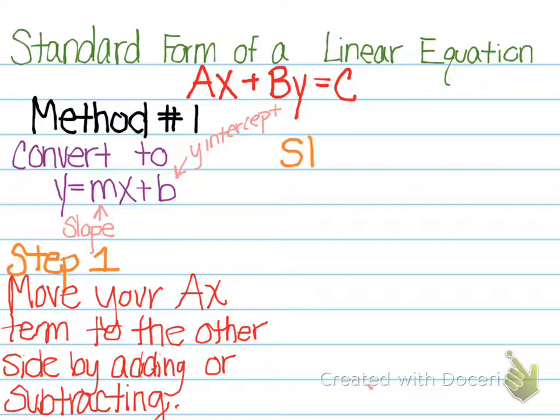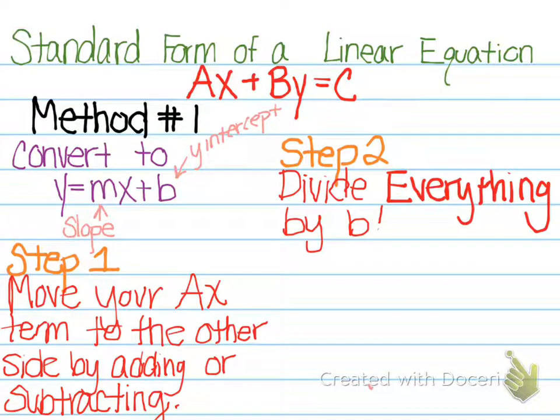Step 2, again, I want you to place this under step number 1 in that left column. Step 2, you're going to divide everything by b. And then your third step is going to be your graphing step.